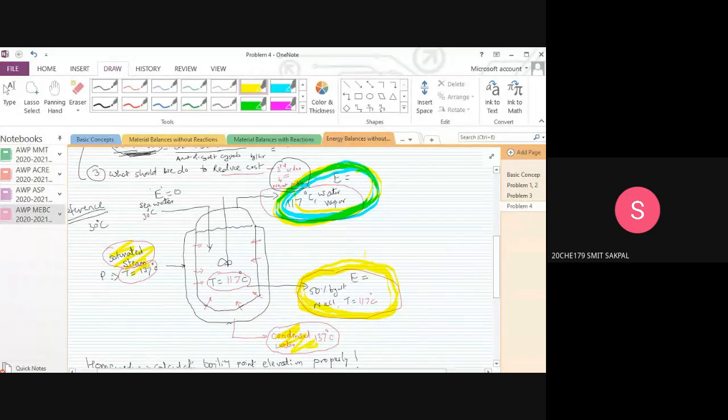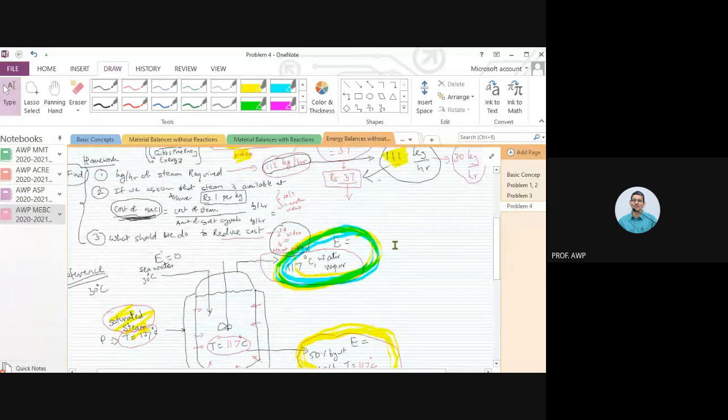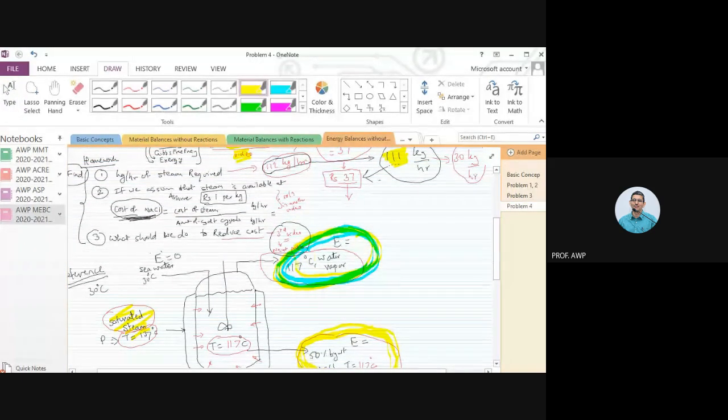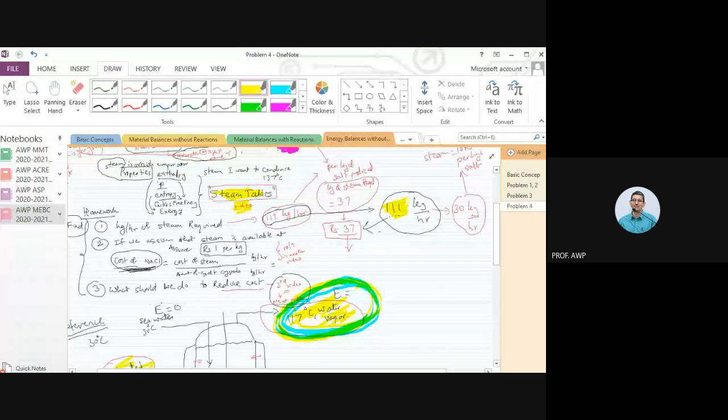Yes, sir. Now, because all the heat is going here, it has required 111 kg per hour of steam, which means 37 kgs of steam, or 37 rupees, per kg of salt produced. Do you agree with that?